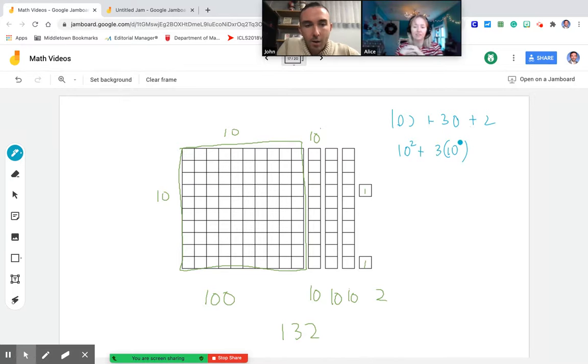So that's like 3 times 10 to the first. And then for the ones that you have, there's 2 of those. And because those don't make nice rectangles, we have no rectangles. So that would be 10 to the 0. So each of the places that Alice mentioned earlier, hundreds, tens, ones, we can understand them as base 10. 10 to the second, 10 to the first, 10 to the 0 for the big squares, the rectangles, and the little squares. I see.